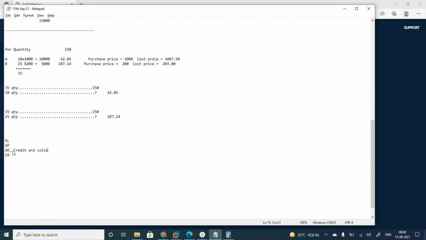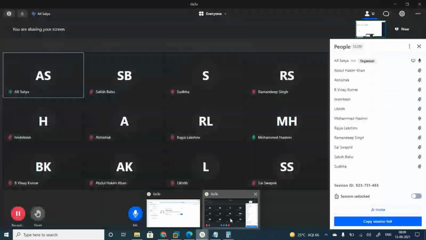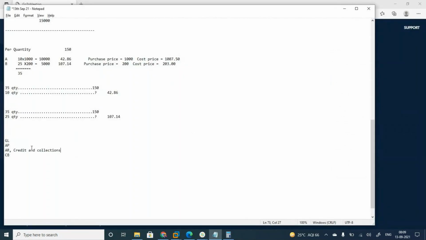The pending topics are, one, the major topics, fixed assets and budgeting. Not only this, in GL some advanced topics are pending, and in cash and bank some advanced topics are there.